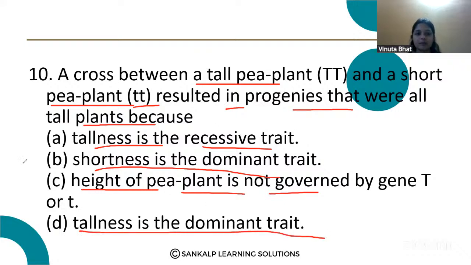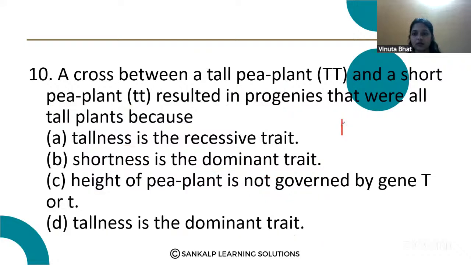Here, when pure breeding tall plants are crossed with pure breeding short plants, the plants obtained in the next generation, the F1 plants, all are tall plants.